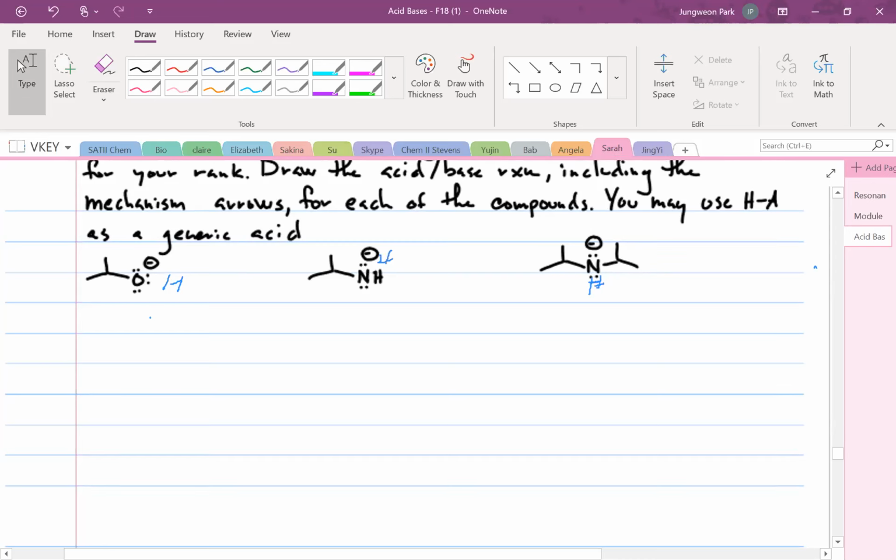So this one is more electronegative, meaning it's more stable.